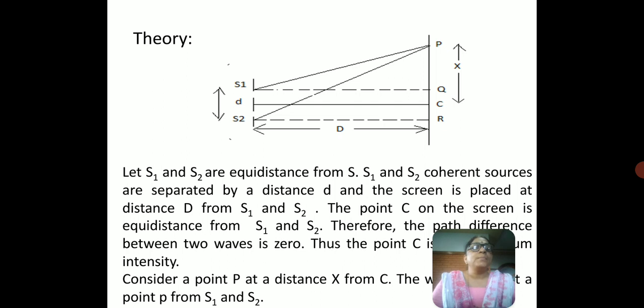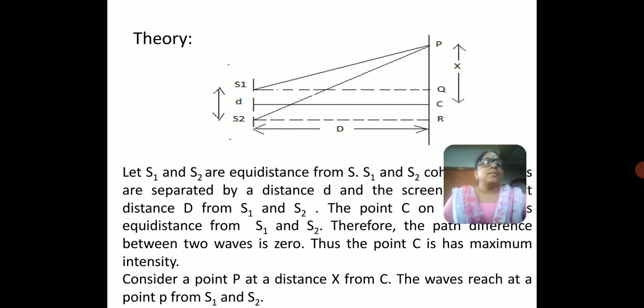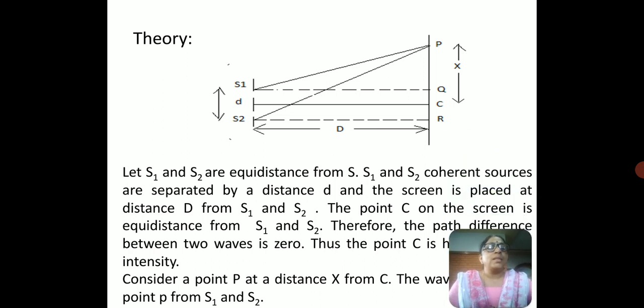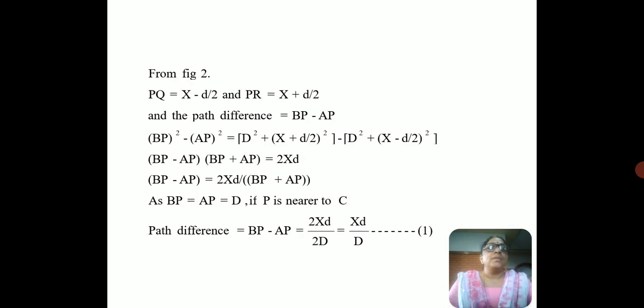And consider the point P at a distance x from C, and the waves reach point P from S1 and S2. Hence, we have some path difference between S2P and S1P. So, we have to find the path difference.